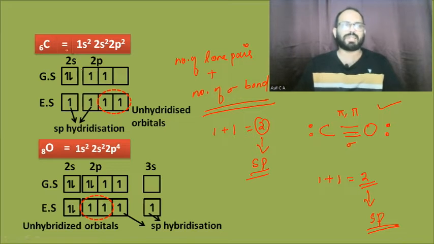You can see that from this electronic configuration box diagram. General ground state electronic configuration of carbon is 1s2 2s2 2p2. Excited state வரும்போது it will be like this, 4 unpaired electrons will be there.